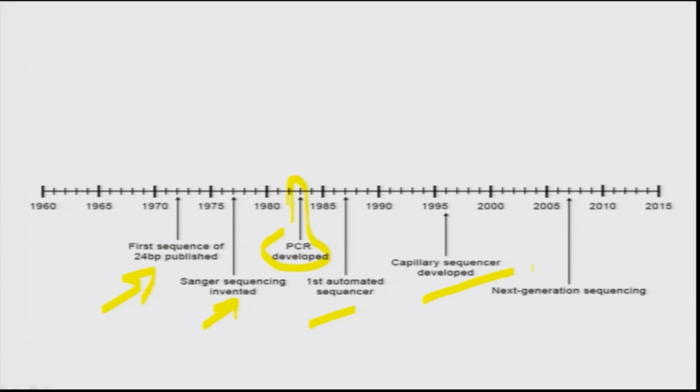But everything has now changed with the introduction of next generation sequencing. Some people call it second generation, because the Sanger method is called first generation, and now we have second generation, which is called next generation. Now there is also a new approach coming up, called third generation. But as of now, this is called NGS, or next generation sequencing.